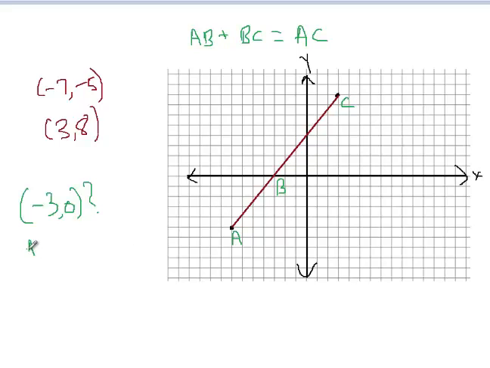Let's figure out AB. I'm going to do the distance formula pretty quickly. The distance formula is the square root of the change in x squared plus the change in y squared. So what are we looking for?